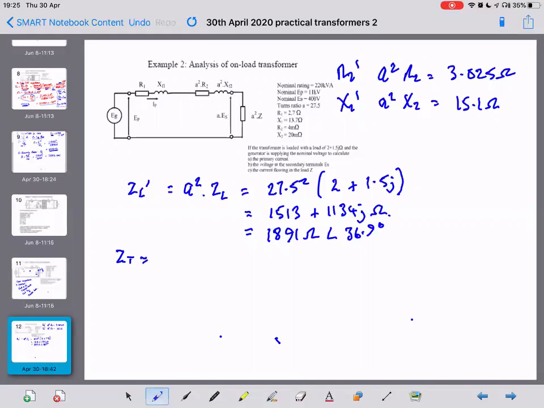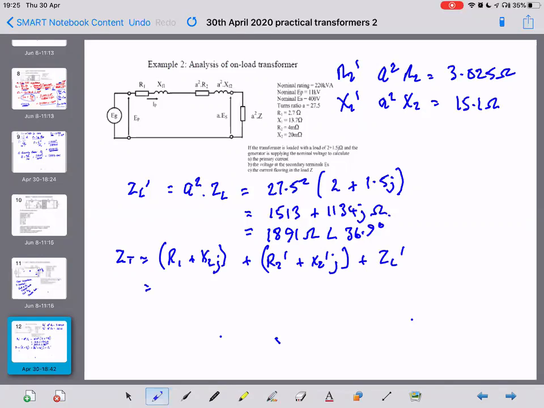ZT then can be R1 plus XL1J plus R2 dash plus X2 dash J plus the ZL dash. I'll just leave it as that for the minute.